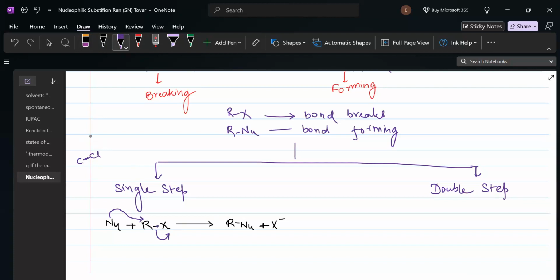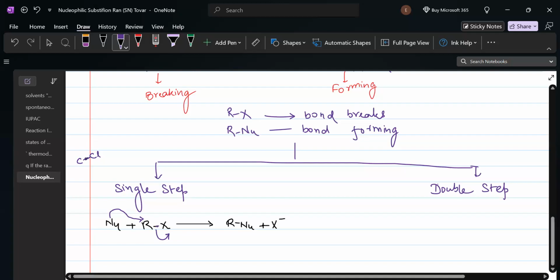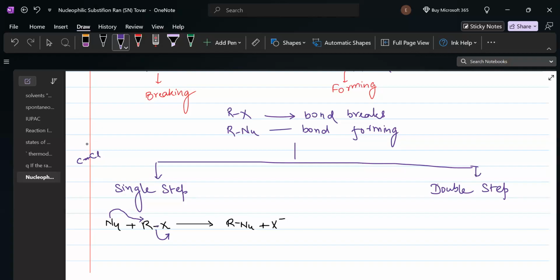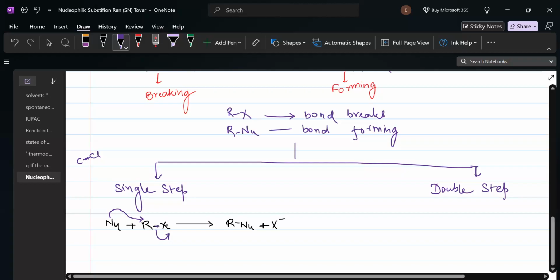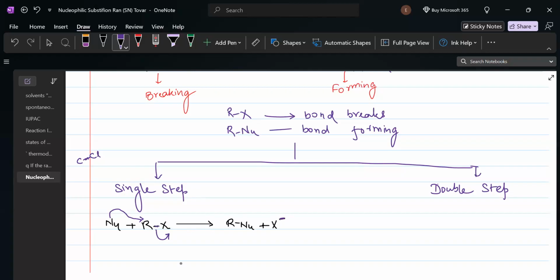So what happens? If this chlorine takes 1 extra electron, then it will get Cl minus charge, right? So that is why this pair of electrons has been taken by this leaving group, and that is why it is getting 1 negative charge. Got my point?